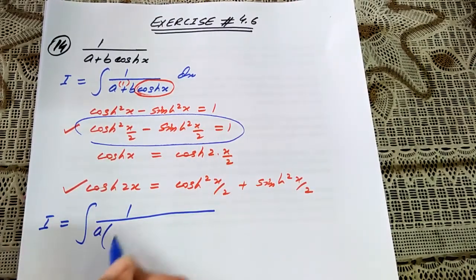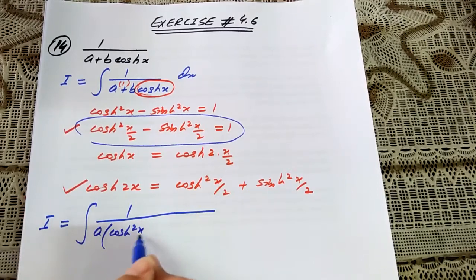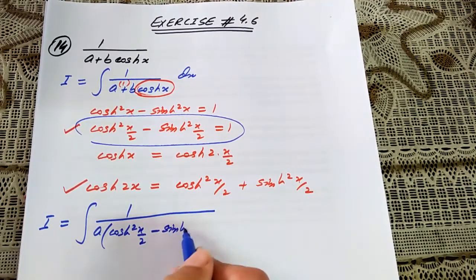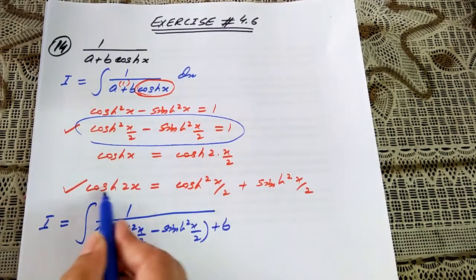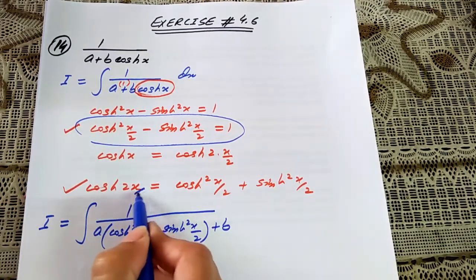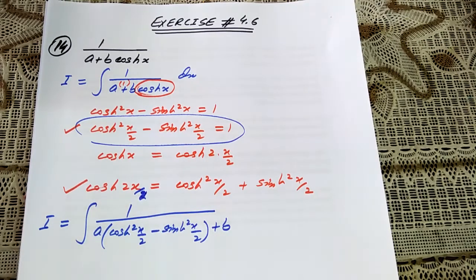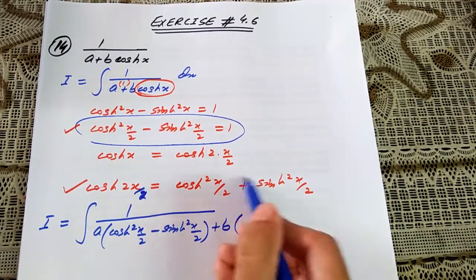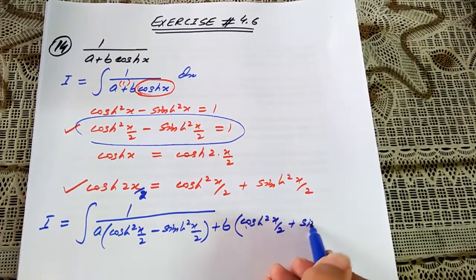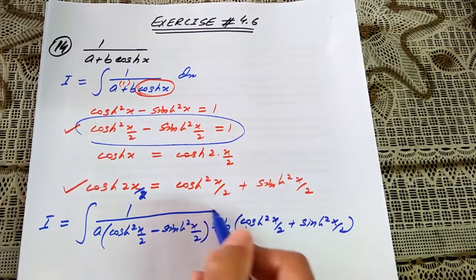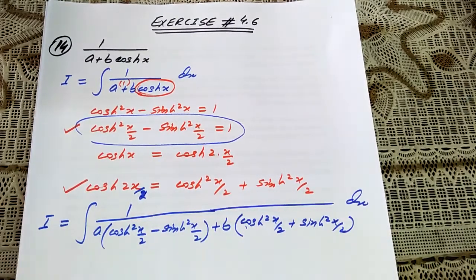This is a times cosh squared x by 2 minus sinh squared x by 2 plus b times cosh 2 into x by 2. This is here this term. So this will be equal to this identity, cosh squared x by 2 plus sinh squared x by 2, and here we have dx.